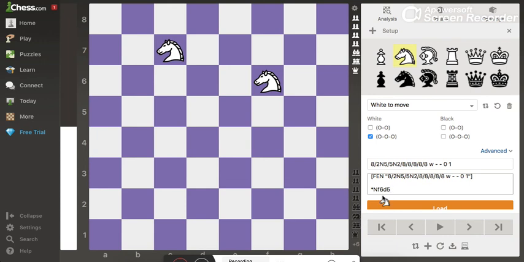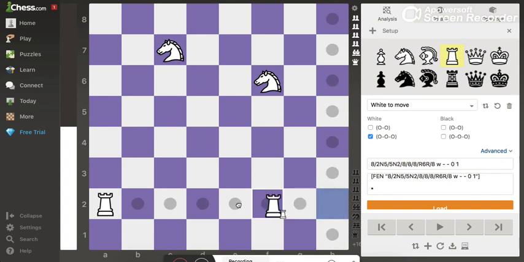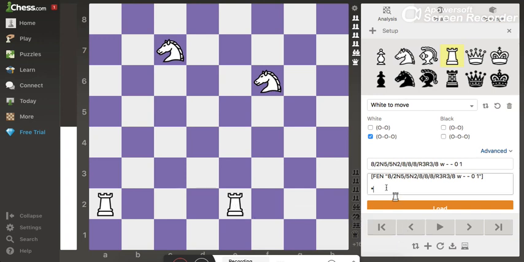Rook is the same, you can write the same thing for rook. Suppose this and this. Suppose this rook on h2 came to e2, you can write Rh2 e2, or simply Rh e2.